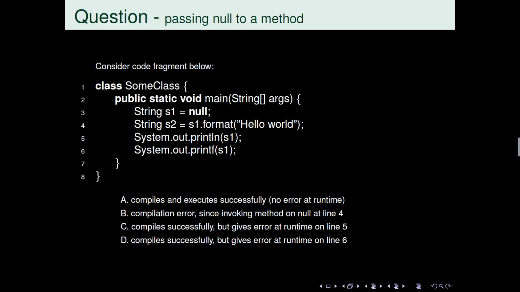When you are passing null to a method, right? You're passing s1, which is null basically. One is you are doing it in the println method, the other is you are doing it in the printf method.